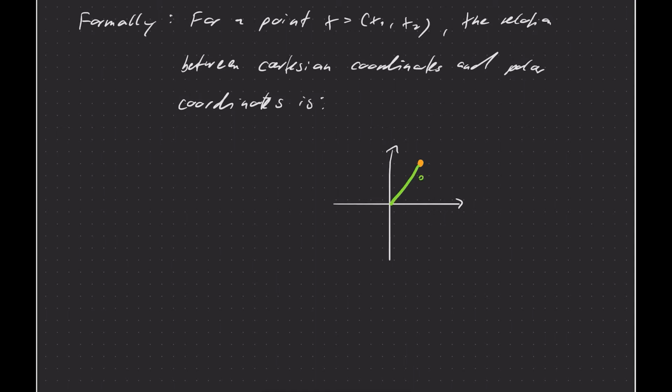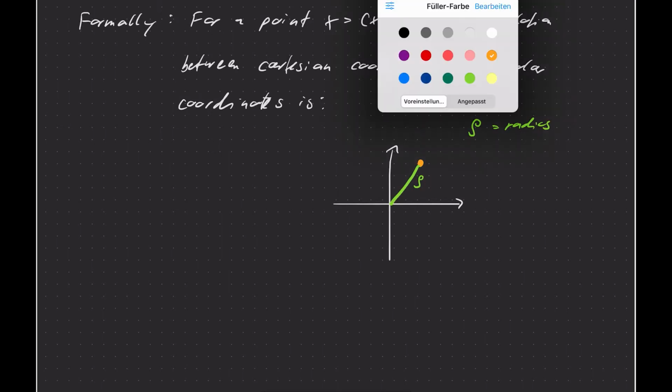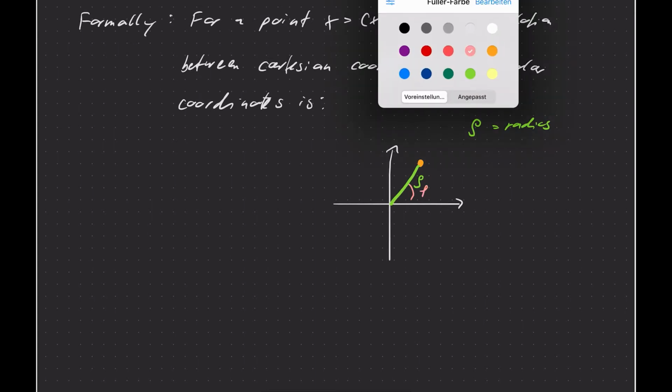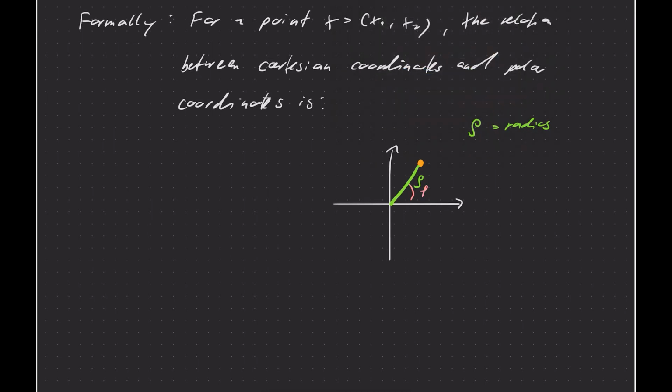So that's the radius rho. It's just the distance. And then we have the argument phi, this one here. And the question is, how are these related to the Cartesian coordinates? We have here the x2 coordinate and here the x1 coordinate.